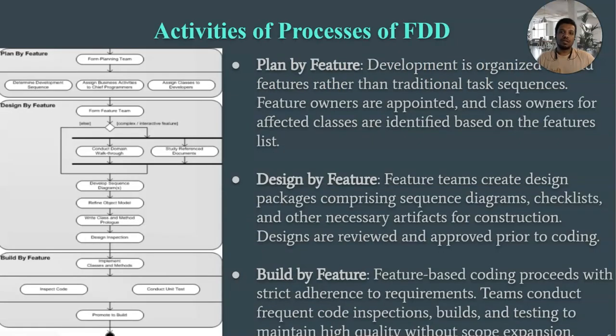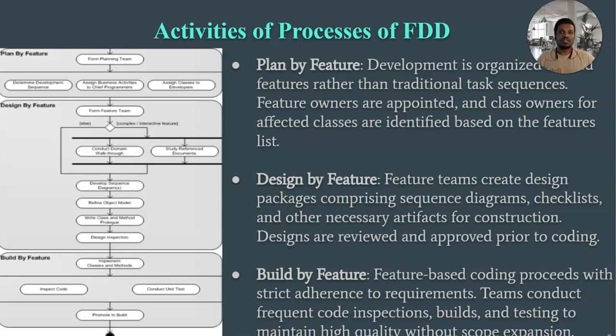Number 3. Plan by feature. Development is organized around features rather than traditional task sequences. Feature owners are appointed and class owners for affected classes are identified based on the feature list. With the feature list in hand, overall development is planned by feature rather than by task or sequential flow of traditional processes.